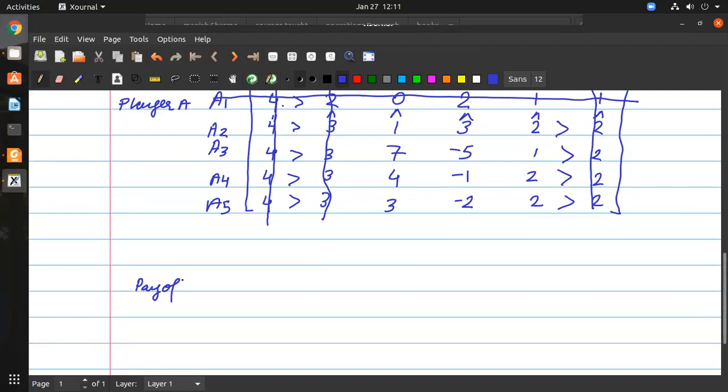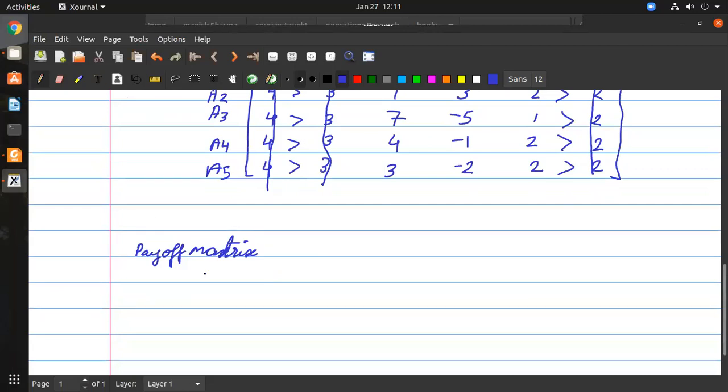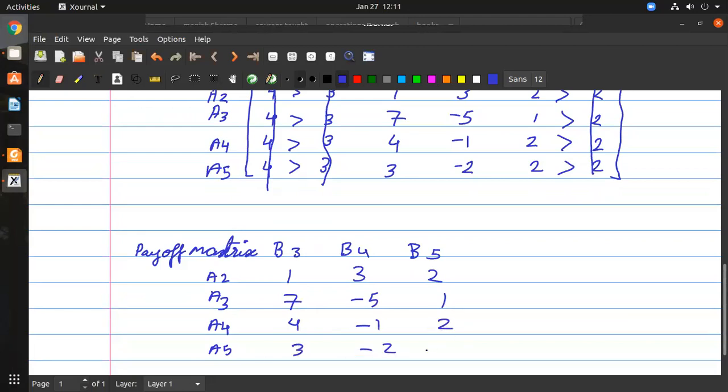The payoff matrix will now be A2, A3, A4, A5, and here it will be B3, B4, and B5, having values 1, 3, 2, 7 minus 5, 1, 4 minus 1, 2, 3 minus 2, 2.